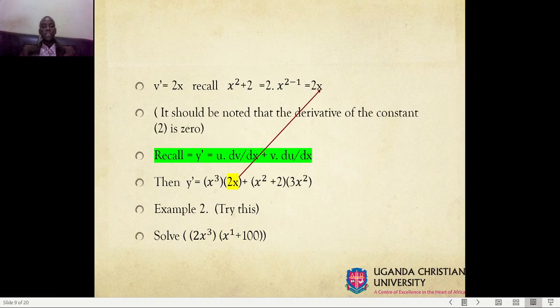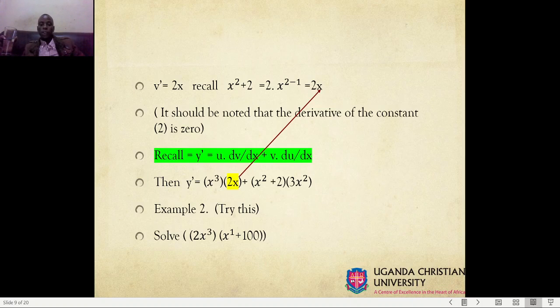So our u was x cubed, times the derivative of v, which is 2x, plus our v, which was x squared plus 2, times the derivative of u, which is 3x squared.